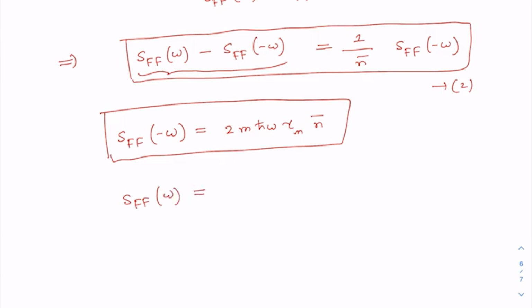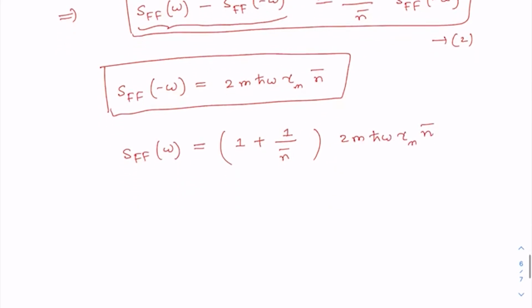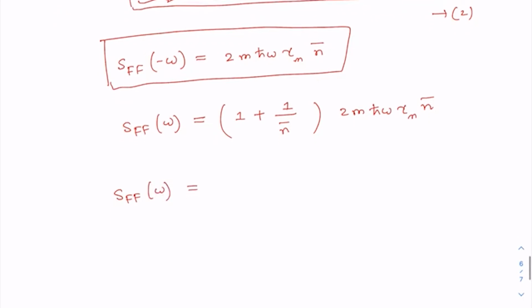That would be equal to 1 plus 1 by n bar times S_FF at minus omega, which is known to me, so let me put the expression for that, 2 m h cross omega gamma_m n bar. From here I have S_FF at omega equal to n bar plus 1 into 2 m gamma_m h cross omega.